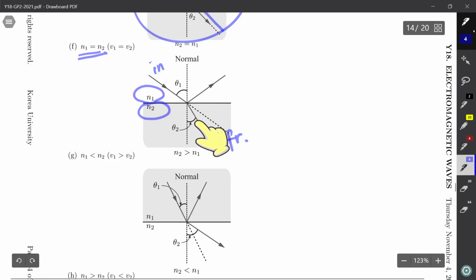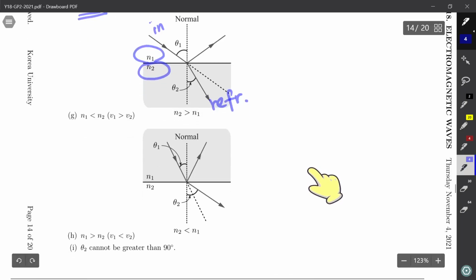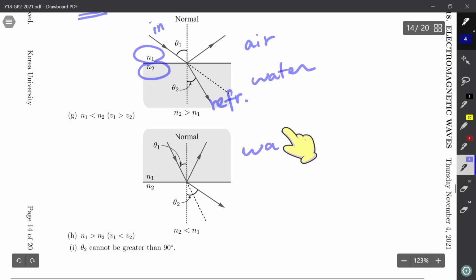The incident angle is greater than the refractive angle. In the opposite case, the angle increases. So air to water and water to air, something like that.